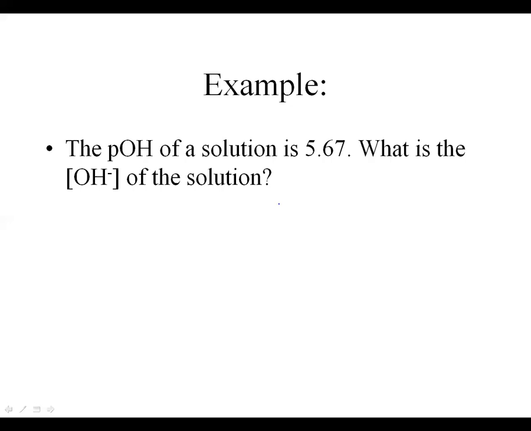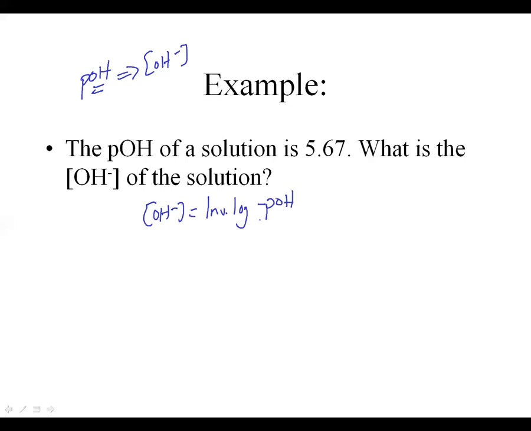Okay, so basically it's the same calculation. Remember, if you're given the pOH, from that you can get the OH minus concentration. Again, we would want to take the inverse log of the minus pOH. On most people's calculators, you have to hit that shift and then the log button. There are some calculators, like the one I'm using, that have a dedicated button for that, but most of the time you have to hit shift and log.